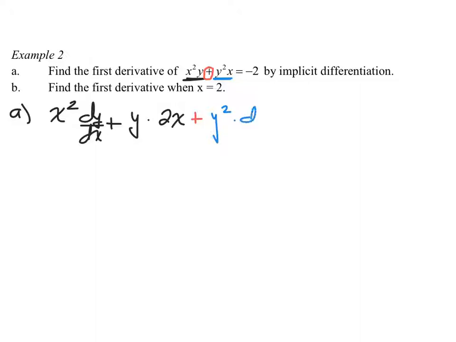I'll write it, but you wouldn't actually have to write it because that's going to cancel to a 1. dx divided by dx is equal to 1. Plus the second function, x, times the derivative of the first, which would be 2y dy dx.